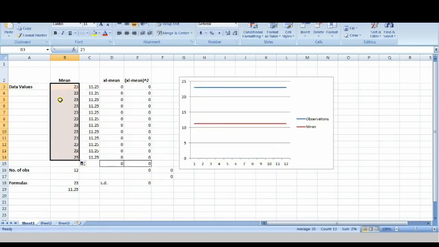If all the values are constant, then your mean is the same, and you are subtracting the mean from every observation, so all the deviations are 0, so their squared deviations are 0, so the sum is 0, so the variance is 0 and the standard deviation is 0. So whenever all the values are constant, that means there is nothing varying. So if there is nothing varying, what can be the variance? Variance has to be 0.